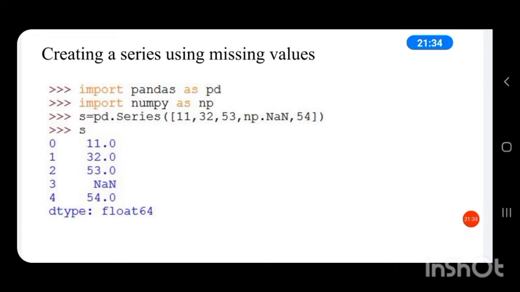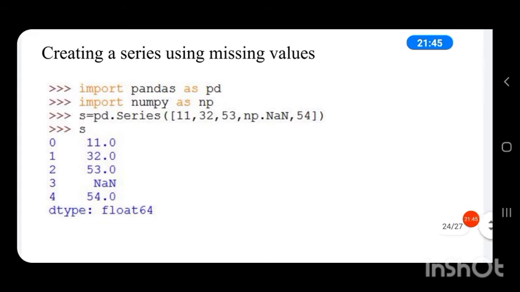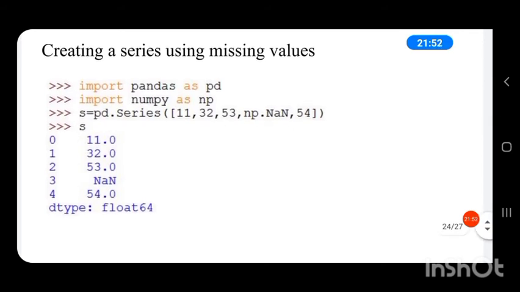So we can create a series as s is equal to pd.Series, then in parentheses a list, in square brackets 11, 32, 53, and there is a missing value np.nan, then 54. If we print the series, you can see in the third index there is a value called NaN, that is not a number, which is an attribute of NumPy.